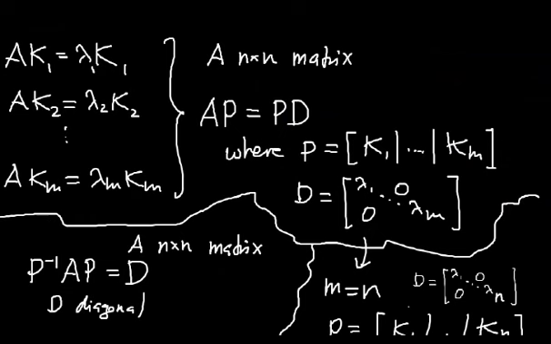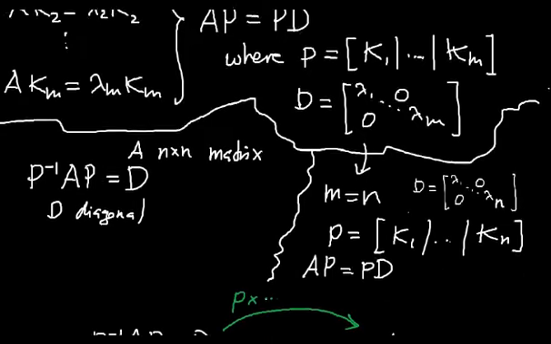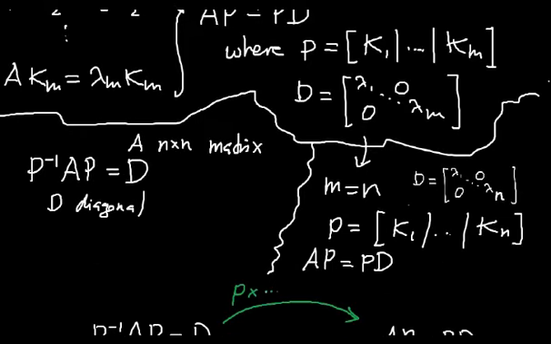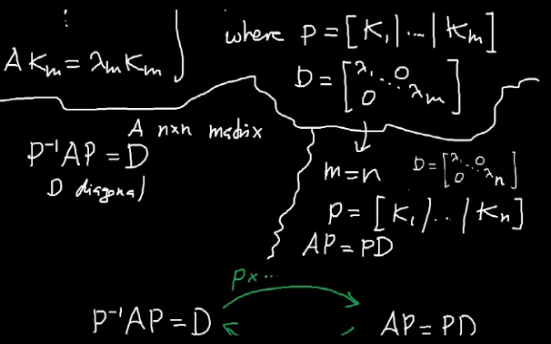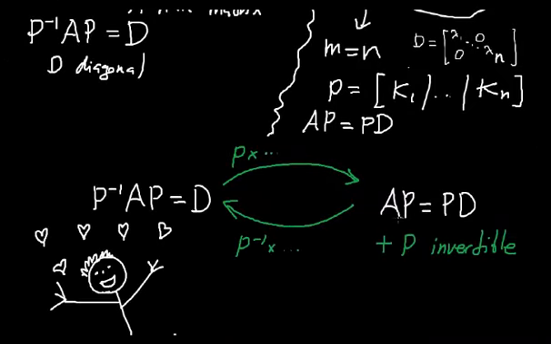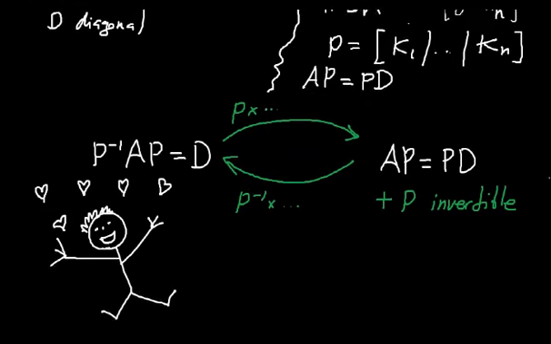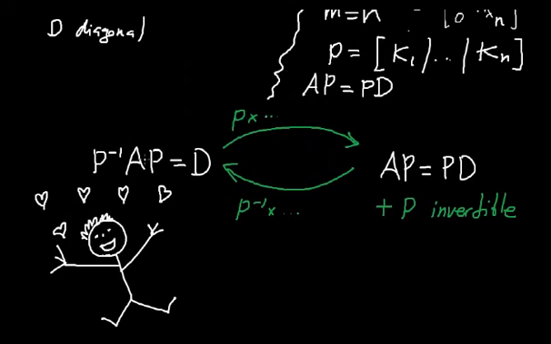I think that's a previous slide from a previous video. So we're here. The order should correspond in the sense that lambda 1 is the eigenvalue for eigenvector k1, and so on all the way up to lambda m, which is the eigenvalue for eigenvector km. And so if we arrange those eigenvectors and eigenvalues in that order in the matrix P and the matrix D, then out of this equation we get that equation. Therefore, we would have then solved the diagonalization problem.